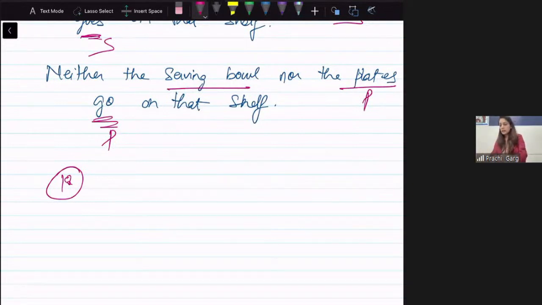But before that, I would like to know if subject verb agreement is clear to you or not. Arpita, yes, I am following the new study material.